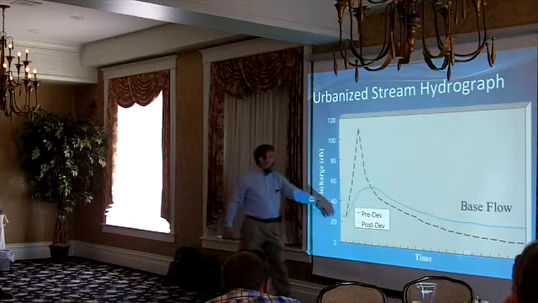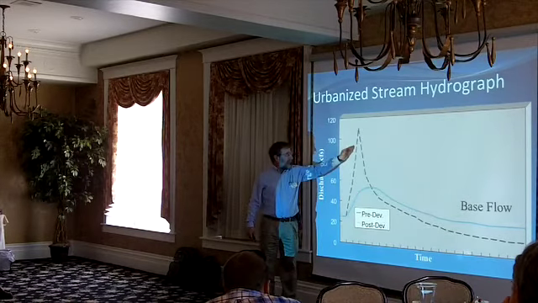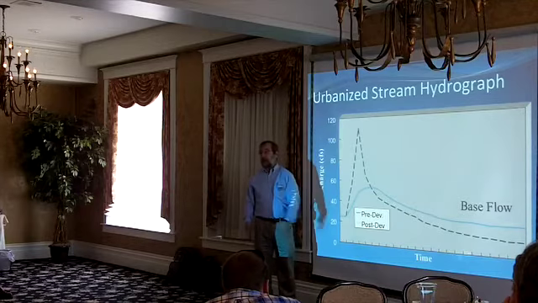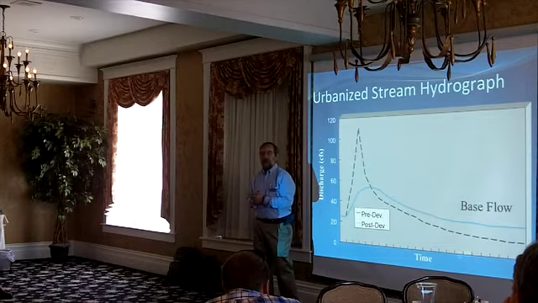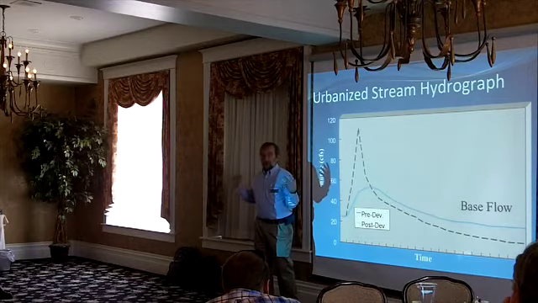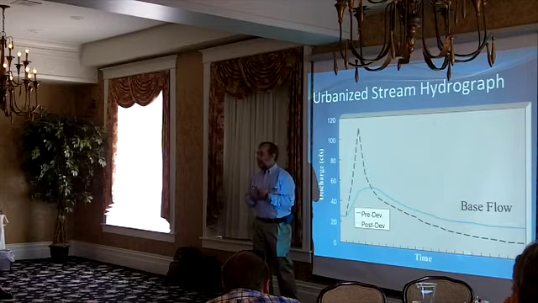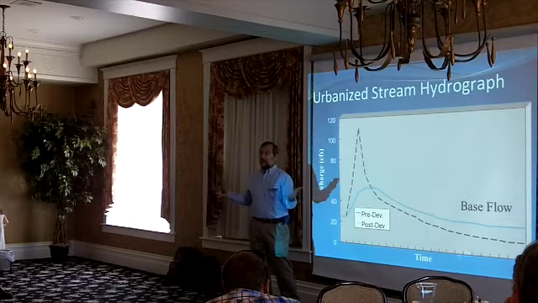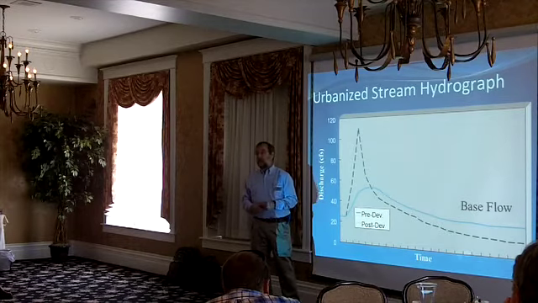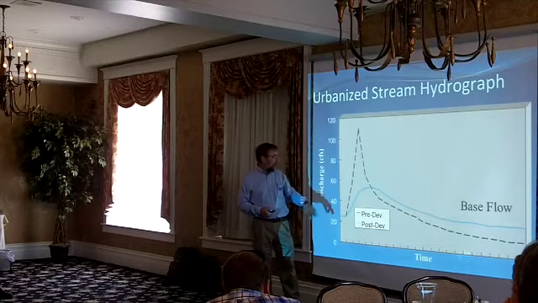In high development, you've got a quick, very high spike, so that it's hammering the stream channel, causing a lot of erosion. Under the best of circumstances, unless you're in a mountain stream, it can't respond to that kind of impact, and responds with erosion and tries to adapt as best it can.